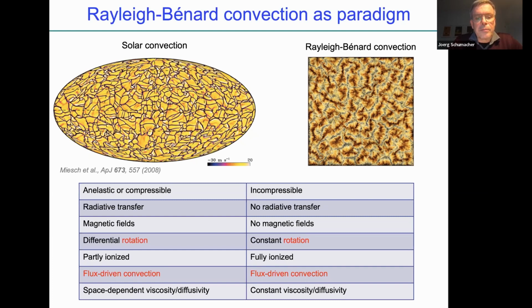So we go incompressible instead of anelastic. There is no radiative transfer. For the moment, there are no magnetic fields involved. I will include rotation a little bit later in the talk. We typically assume that the plasma is fully ionized, and the only thing which we are taking from the real case is that flux-driven boundary conditions are probably the ones which come closest to the situation in the convection zone.